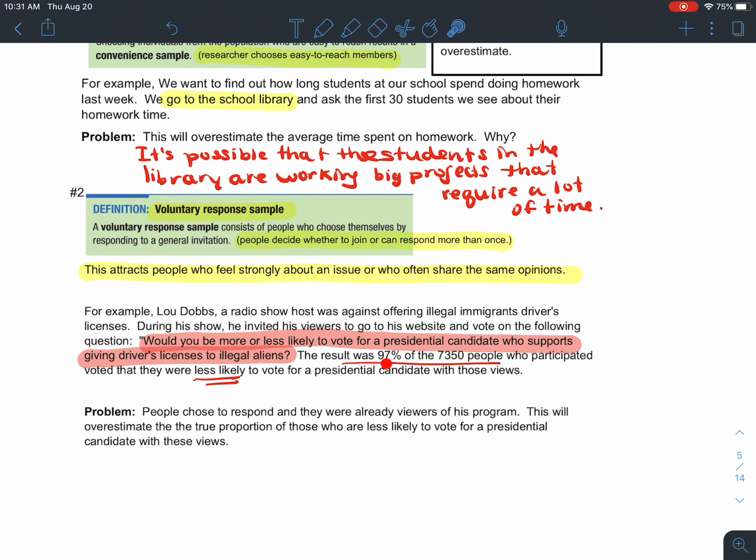So if we're saying 97% of all of the people who participated said they were less likely to vote for a presidential candidate who had this view, then it's likely that those results are overestimating the true proportion of those who are less likely to vote for the presidential candidate who have those views. Okay, it would be a massive overestimation because we just have a large chunk of people who all typically have the same opinion and who are just kind of choosing themselves to be participating.